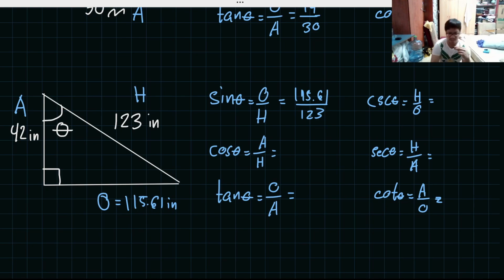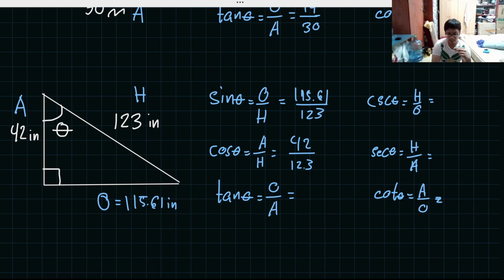Let me take a look if I can simplify this. Is there by chance we can simplify 123? Nah, it's like that. Anyway, next we have cosine theta. Cosine theta is 42 all over 123. Let me take a look again if we can simplify that fraction.